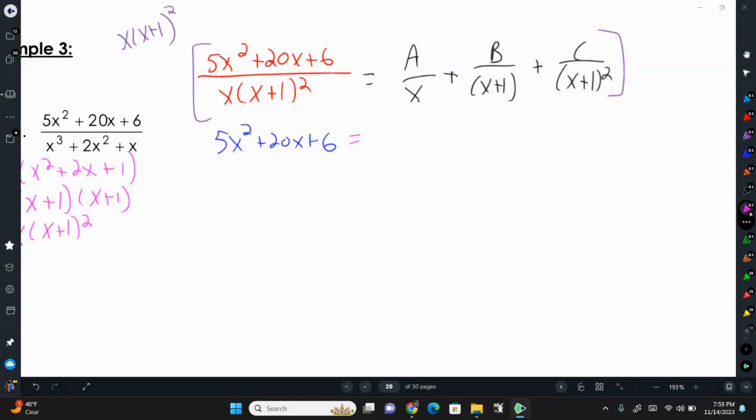But on the other side, when I distribute this, the x's get canceled, so it's going to be a times x plus 1 squared plus, when we distribute it to the b, just one of the x plus 1 squareds will get canceled. So it's going to be b times x plus 1. And then when we distribute it to the c term, the x plus 1 squareds will be canceled, so it's going to be c times x.